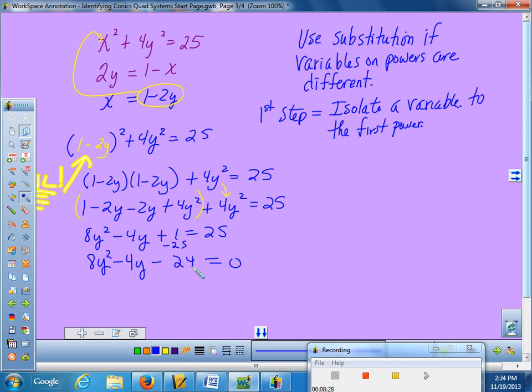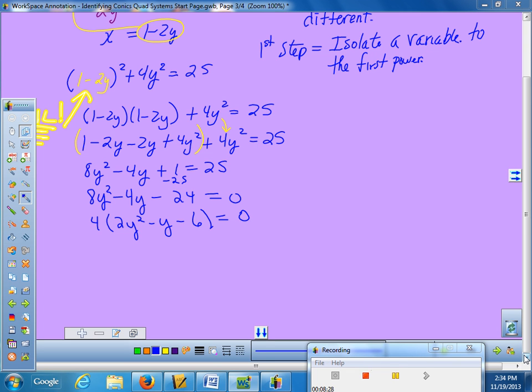Something you can do to make life easier before you start: you would take out a 4. So that would be 2y squared minus y minus 6. It'll just make your numbers easier to factor with. I'm going to stop it there.